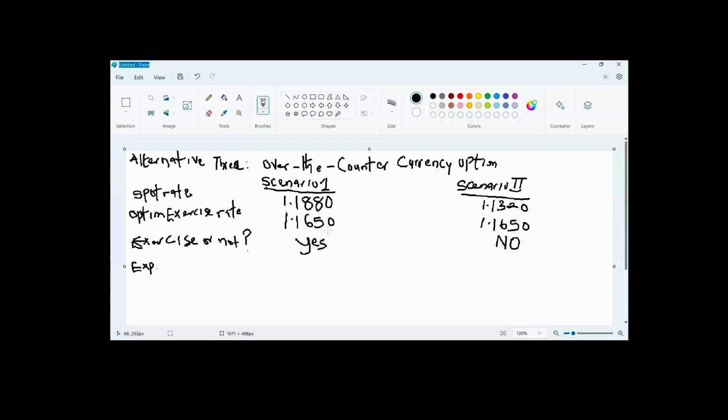Expected Naira receipts. I've said yes here. That means I'm going to use the exercise rate. Here I've said no. That means I want to use the spot rate.